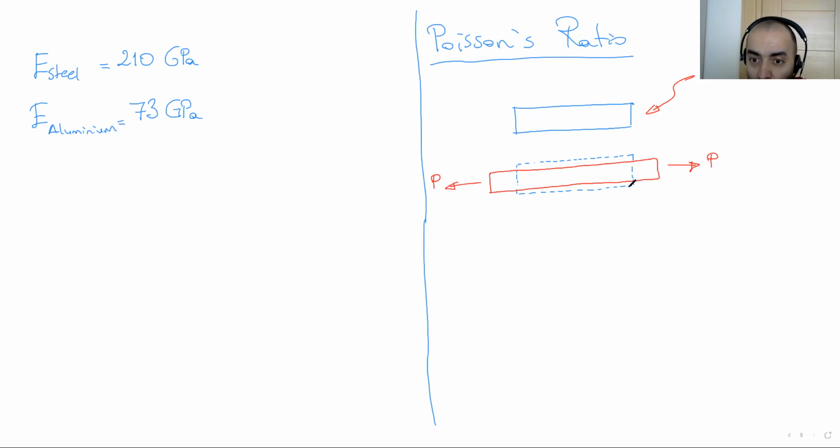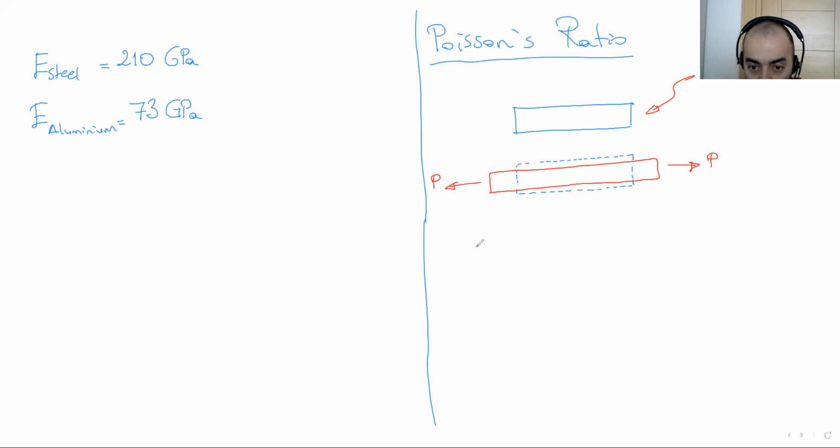But at the same time, the length of the member increased, as you can see. There is a proportion between these two deformations. In one direction, there is elongation. In one direction, there is a shrinkage, as you can see.